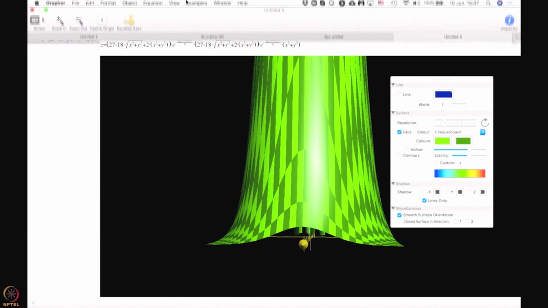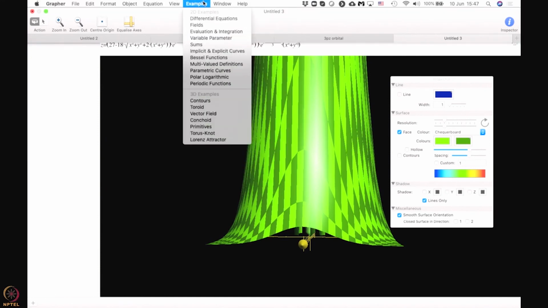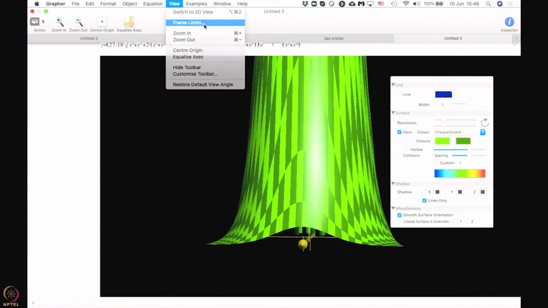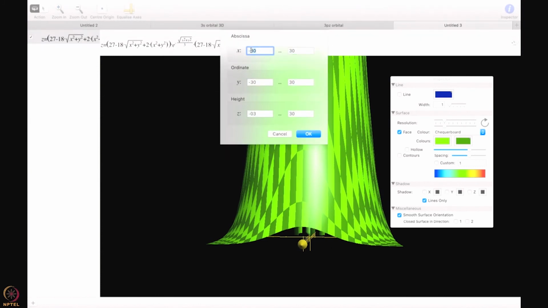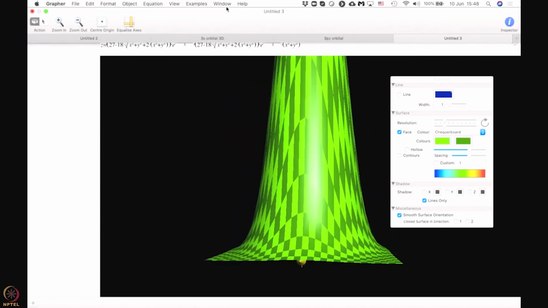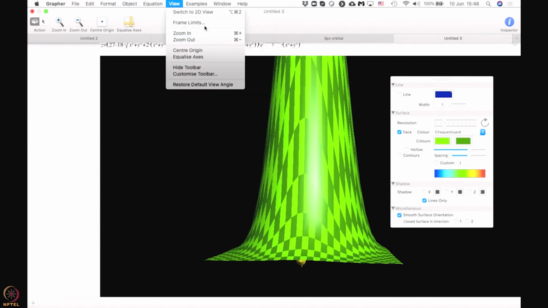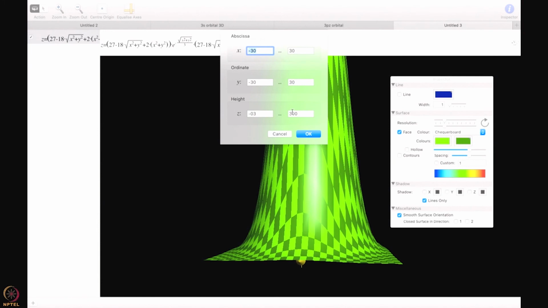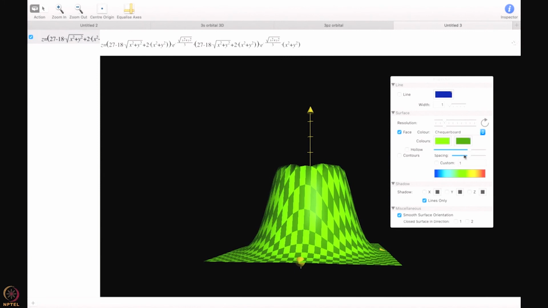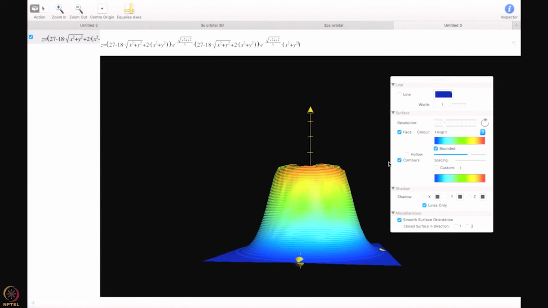Oops, it is blown up. This is what it looks like.